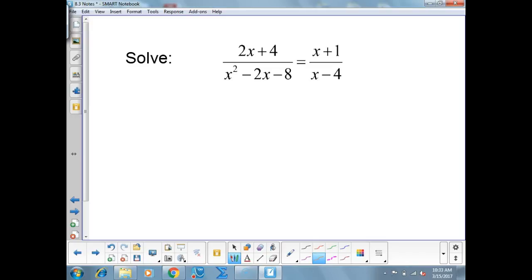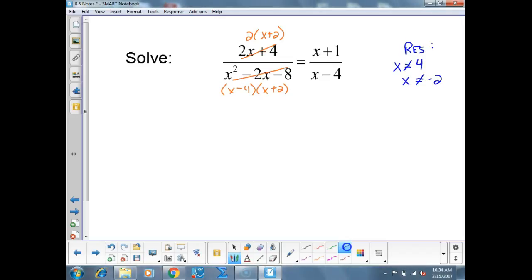Alright, so this one factors to be what? X minus 4 and x plus 2. And this one factors to be 2 times x plus 2, right? So right off the start, my restrictions are x cannot equal 4 and x cannot equal negative 2.